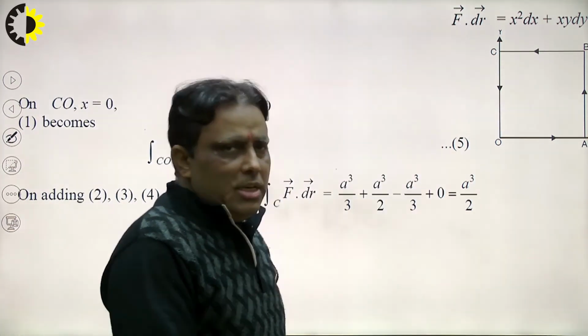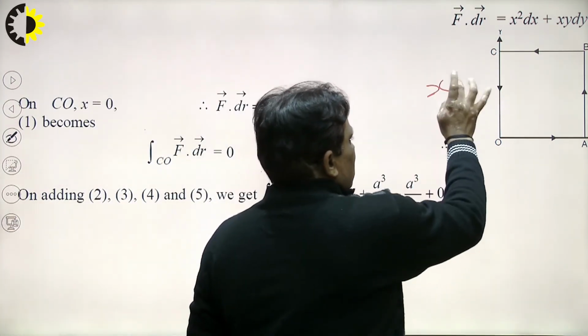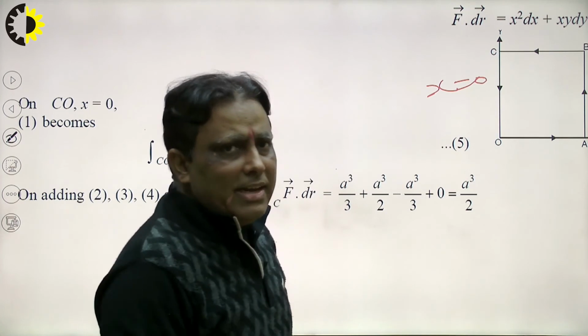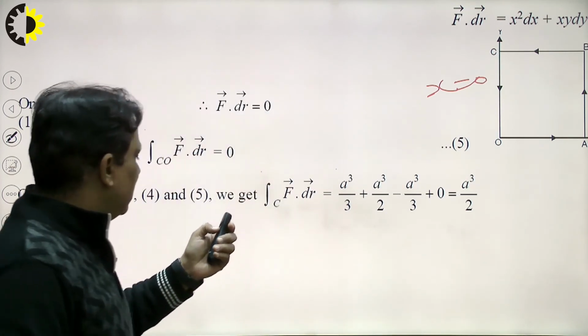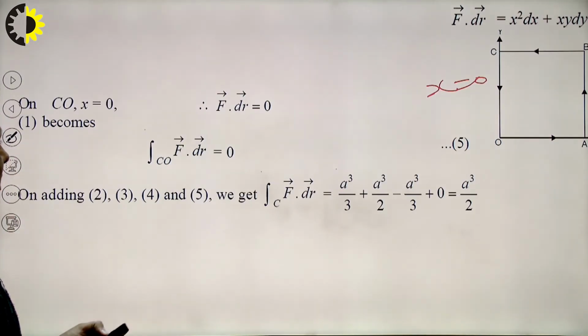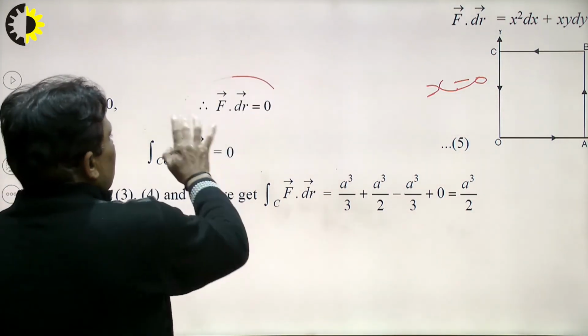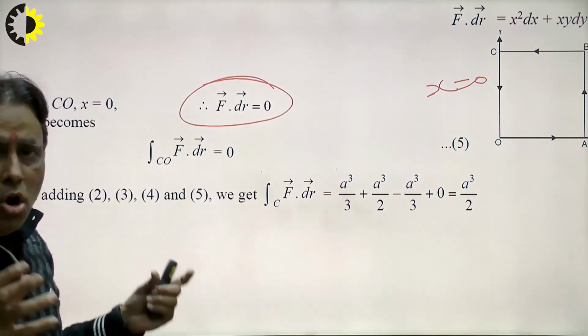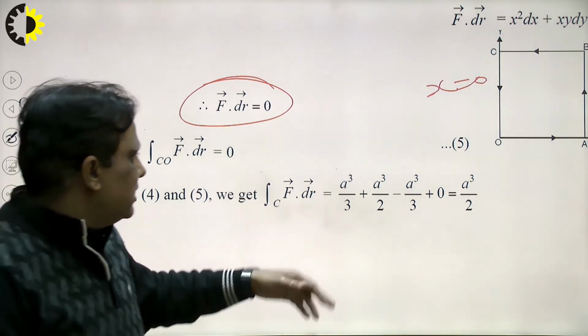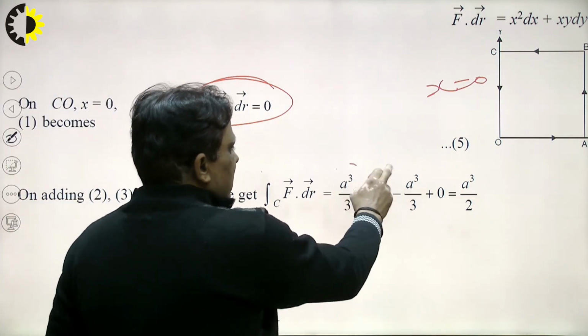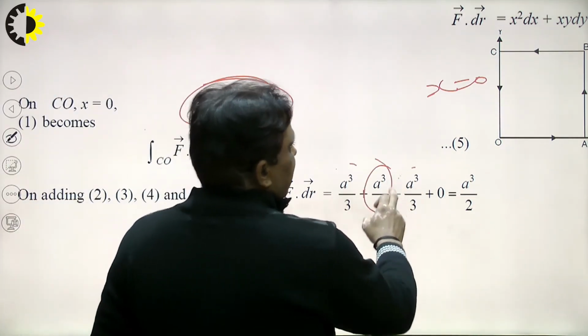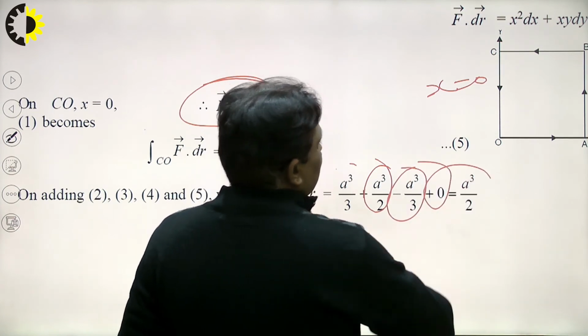OC is x equal to 0, because this is the y axis, and dx is also 0. So what will be the conclusion here? We see that F dot dr is equal to 0. Then we add all four calculations: along OA, AB, BC, and OC.